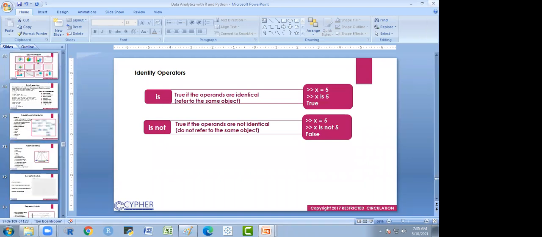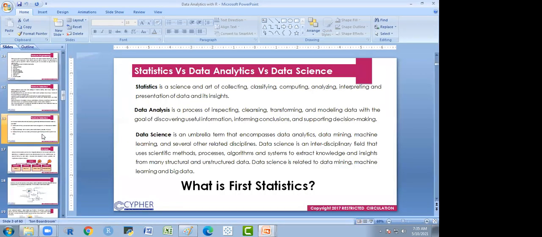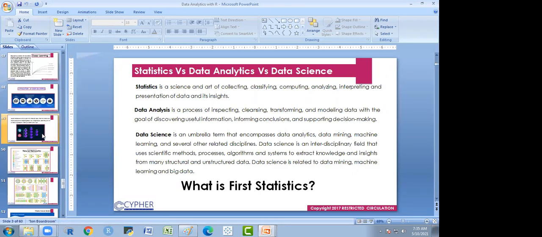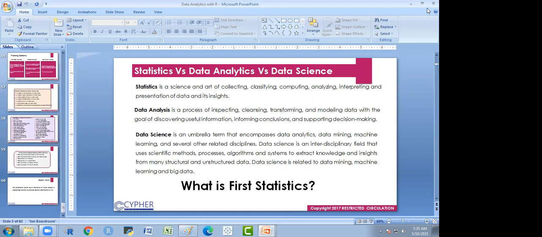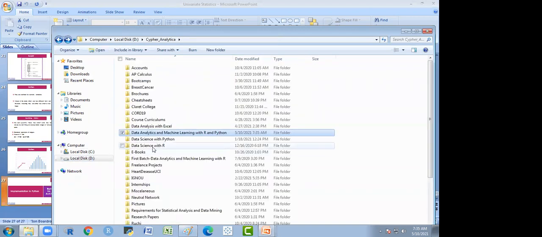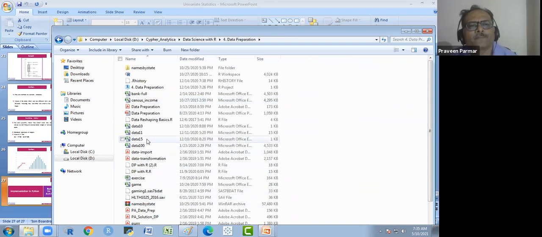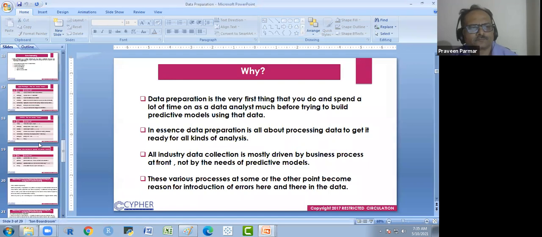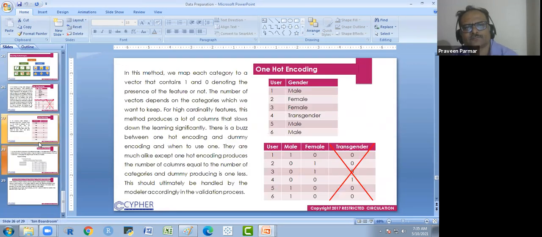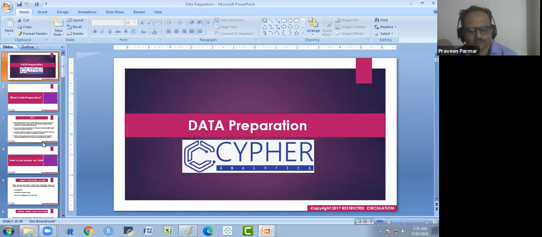Maybe it is in the data preparation. Types of data I have given somewhere.